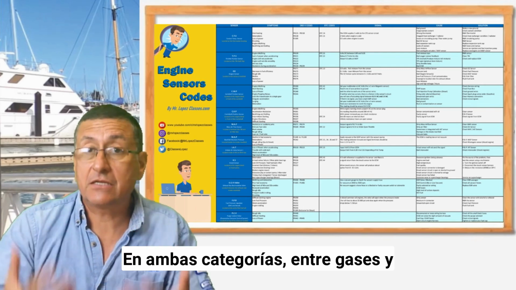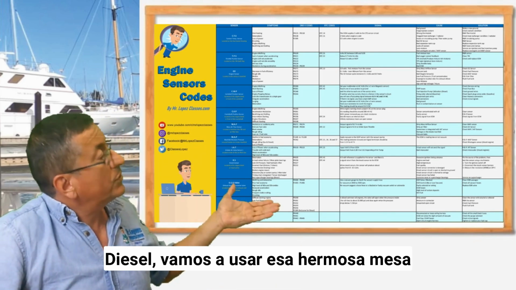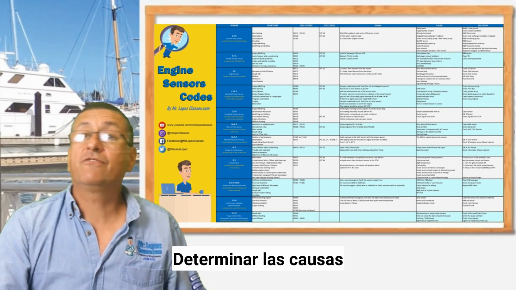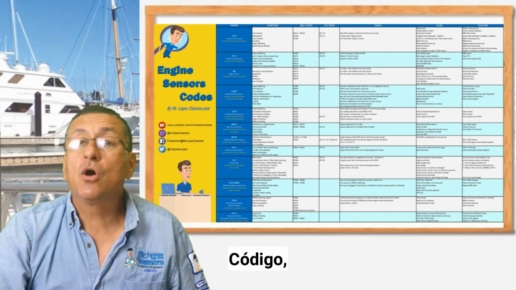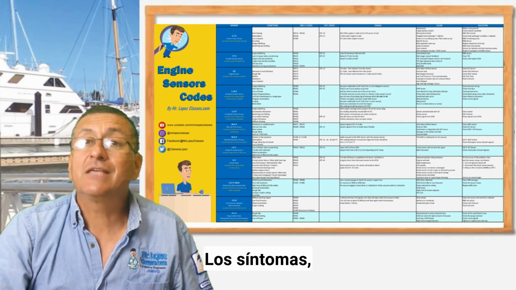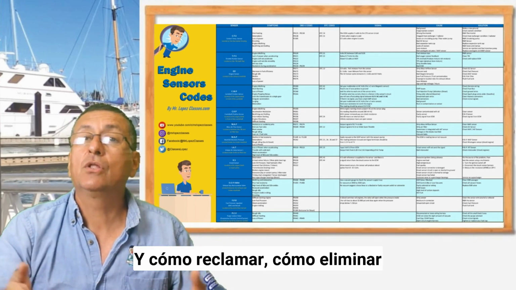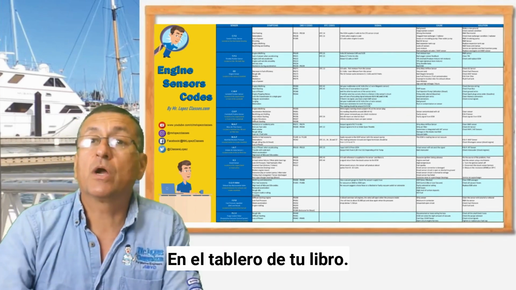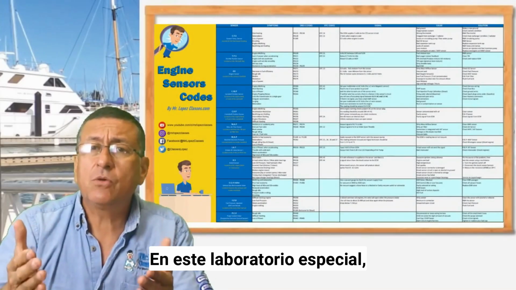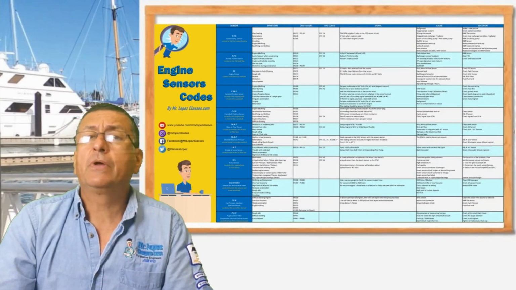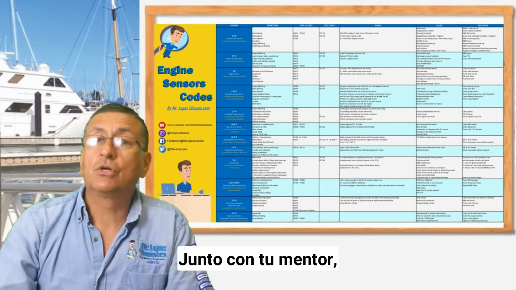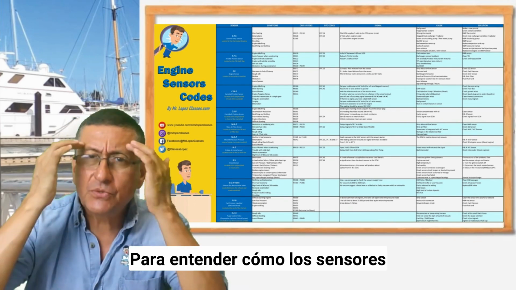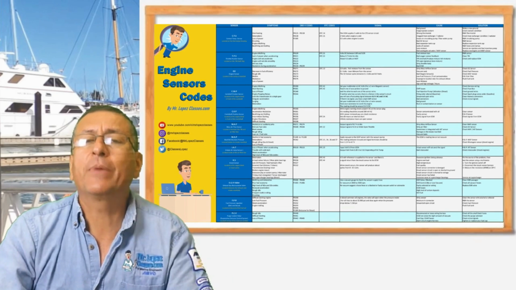In both classes, in the classes of gas and diesel, we are going to use that wonderful table to identify the codes, to identify the cause for that code, the consequence, the symptoms, and how to clean, how to eliminate those codes in the dashboard of your boat. In this particular laboratory, I hope that with your instructor, you play a little with some sensors in order to understand how the sensors operate.